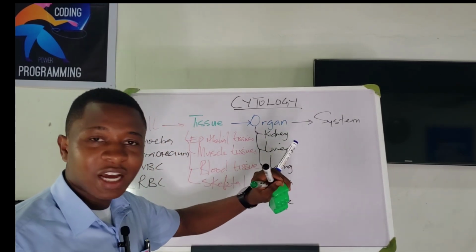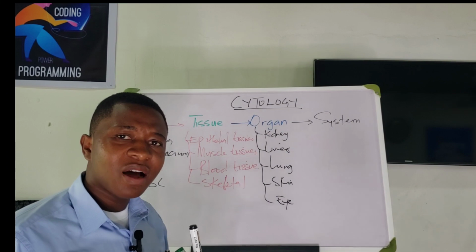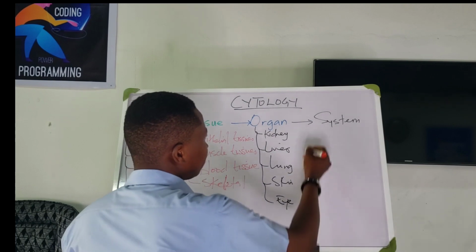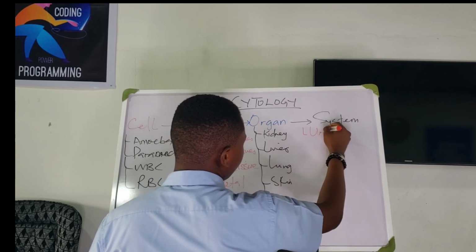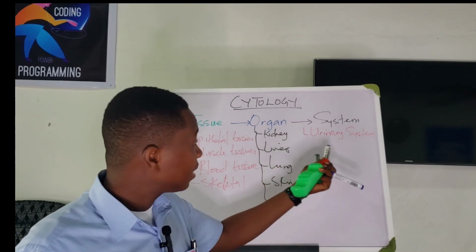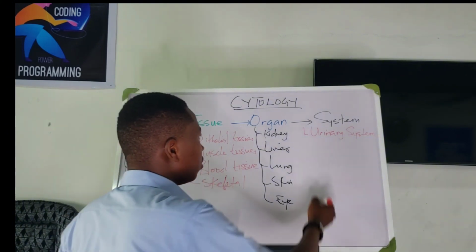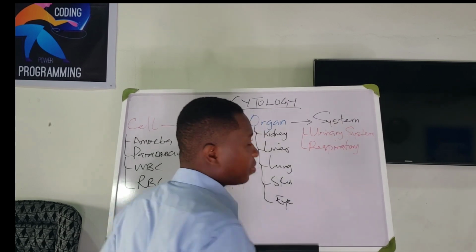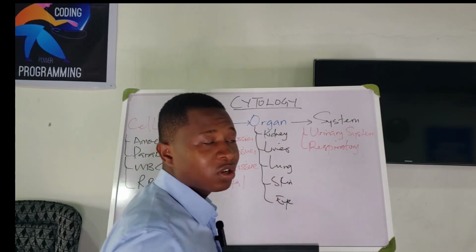The system unit is a unit that contains structures that can carry out specific functions by themselves. An example is the urinary system, which comprises the kidney and other parts: the kidney, the urethra, the ureter, and the bladder. We also have the respiratory system, which comprises the lungs, but not just the lungs.